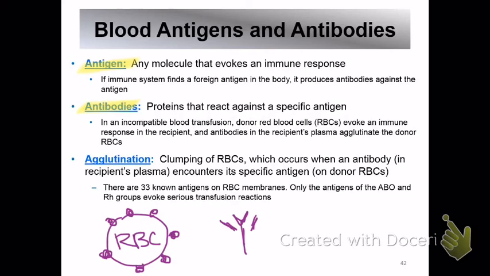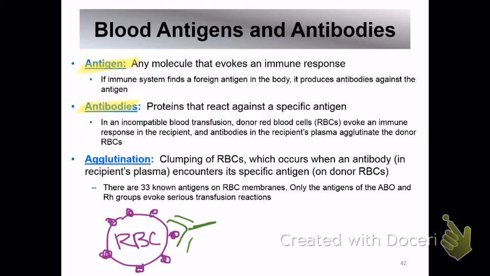They're made by those B cells, the B leukocytes. And what they actually do is, so now the antibody will be green, they connect to the foreign antigen. So antibodies react against the antigen. They connect to it.